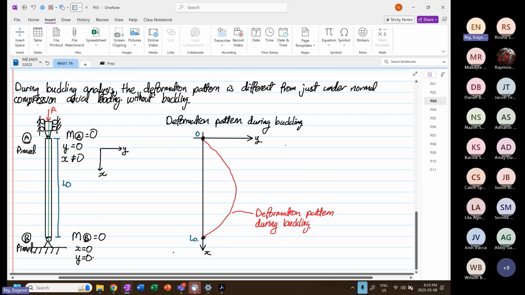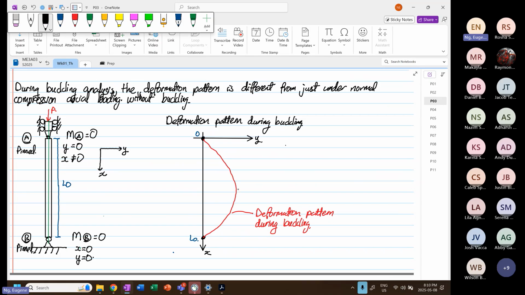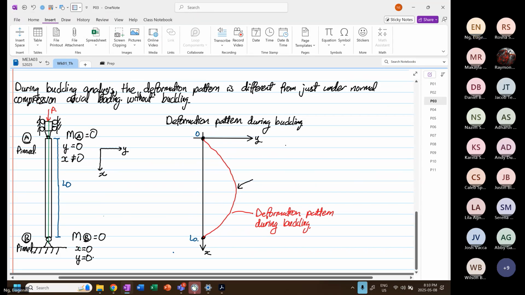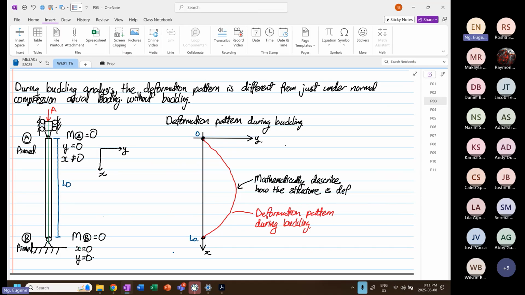Okay. So in this context, we have to now, it's not we, but the theory of buckling states that now we have to mathematically describe how the structure is deflecting or bending.